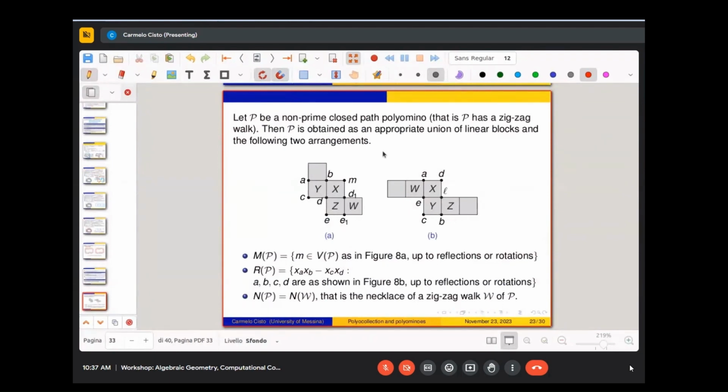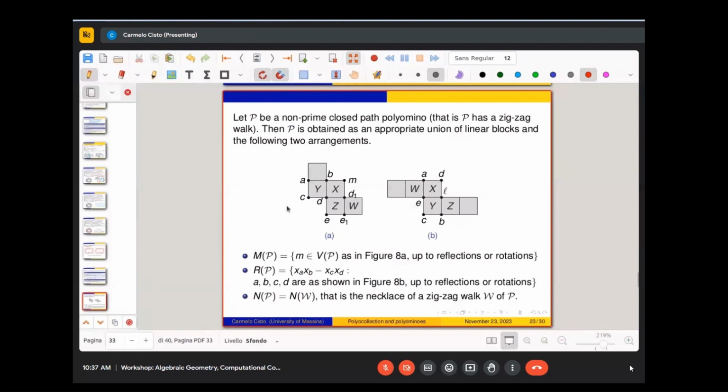Having a zigzag walk combinatorially means that the only possible changes of direction in a closed path are concerned with these two kinds of configuration, figure A and figure B. So in a closed path with a zigzag walk, we have, up to reflection or rotation, different sub-configurations such as these two.